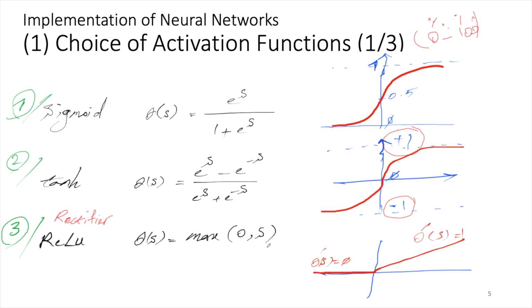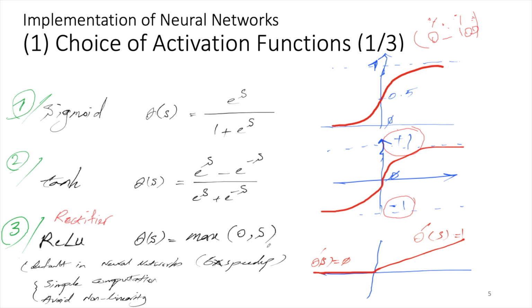And it's only 1. So that's why it's default in neural networks, and some research has provided insights that it's going to bring up to 6x speed up when you train your model with this activation. It's simple and avoids nonlinearity.